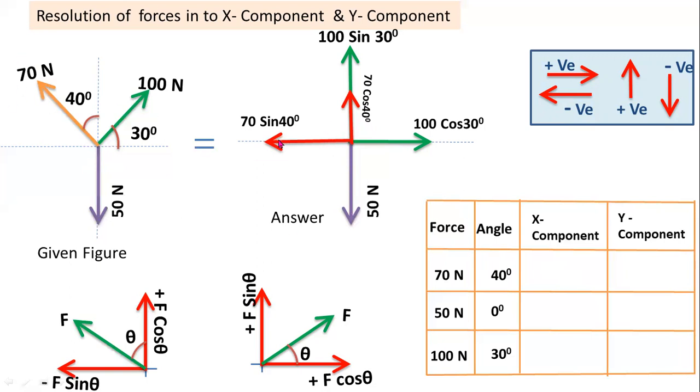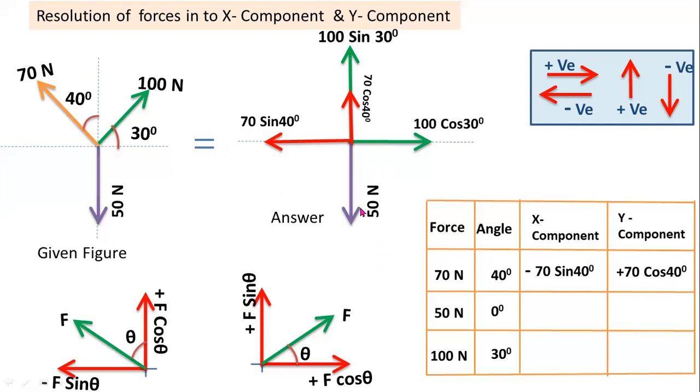This is the horizontal force, 70 sin 40. This force is acting towards the left, so for left, you have to consider the minus sign. And this is the vertical force, plus 70 cos 40. For upward direction, you have to consider the positive sign.